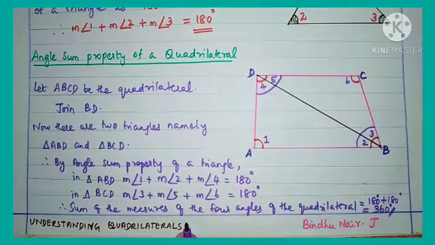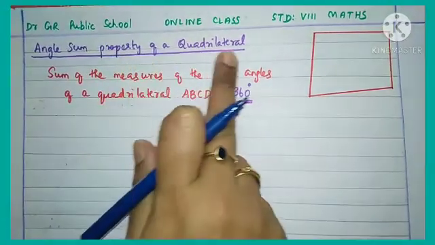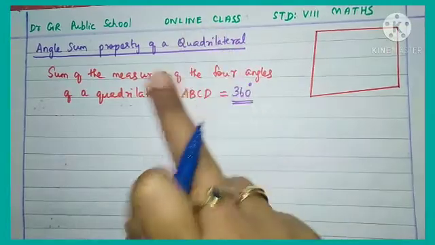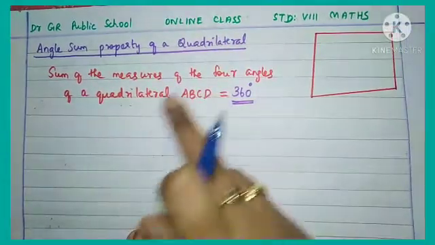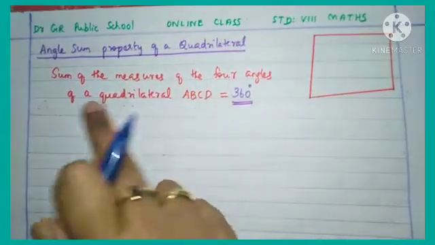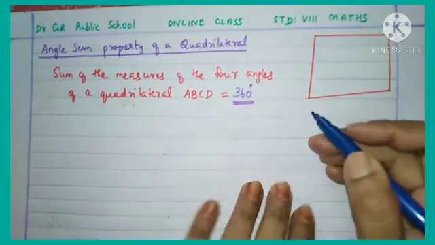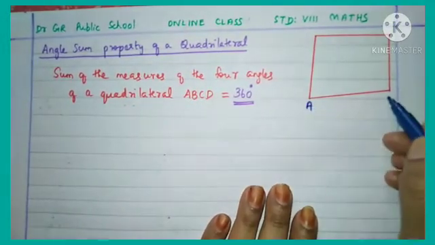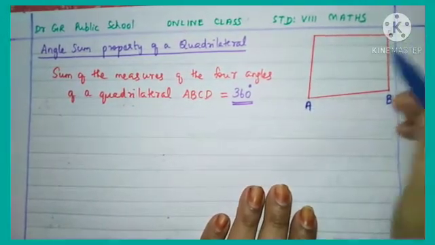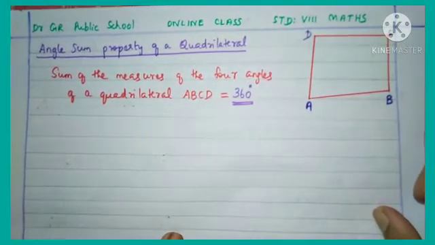Okay, understood? So children, what did you learn? The angle sum property of a quadrilateral, for any quadrilateral. Here I have taken the sum of the measures of the four angles of a quadrilateral ABCD. So in general, for the quadrilateral ABCD, how many angles are there?